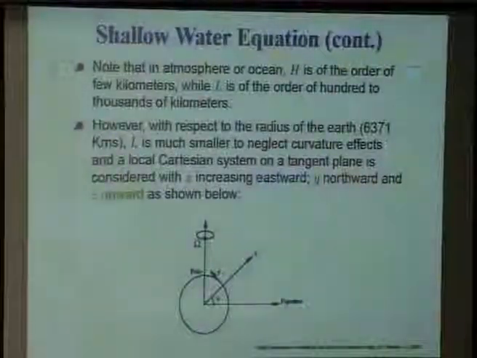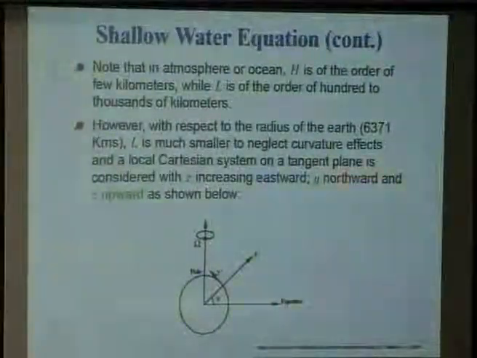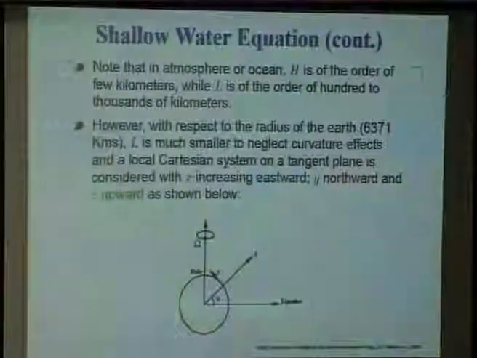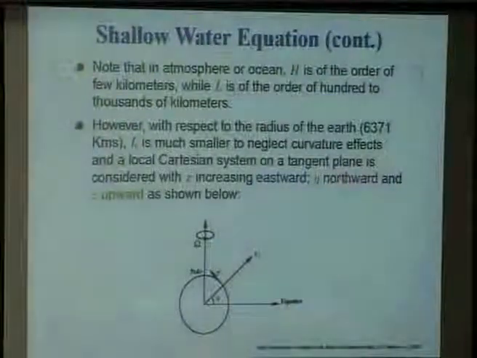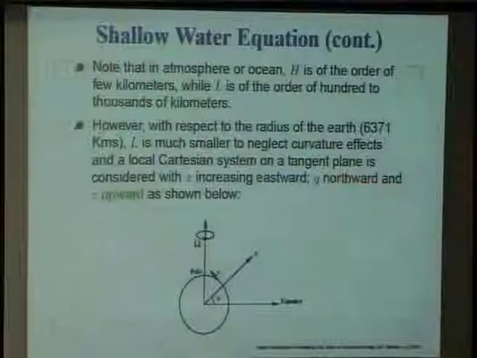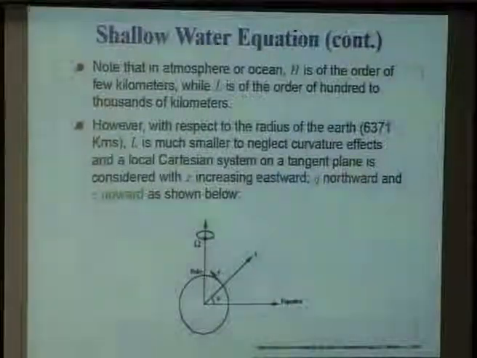Yeah, this is your Earth's radius, and you know that it is slightly oblate. The equatorial radius is about some 40 odd kilometers more than the polar radius of Earth. For the purpose of analysis, we can neglect curvature effect because L is much larger compared to h, and we can fix a local Cartesian coordinate system. How do you define it?